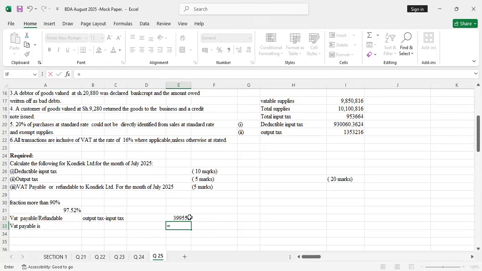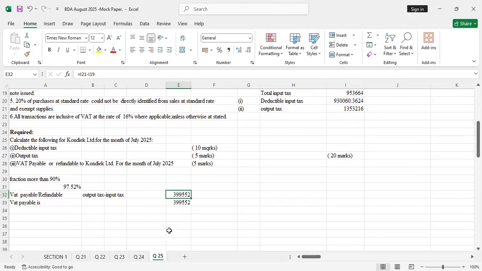You take the output tax minus input tax, and you get a positive figure. That's VAT payable. If it was negative, then that's VAT refundable. And because in this case it's positive, that's VAT payable.